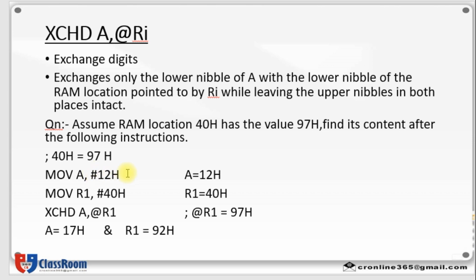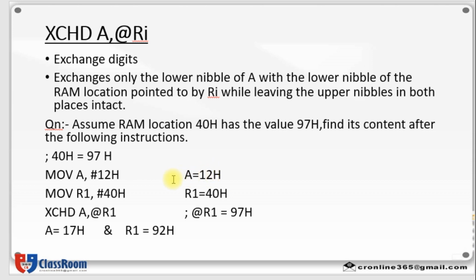Once again, A will be having value 12H, R1 40H. Then after this instruction, XCHD A, @R1, is executed, the question specifies that 40H contains the value 97H. So @R1 means the location 40H, which contains the value 97H. After this instruction is executed, we exchange the contents of the lower nibbles.